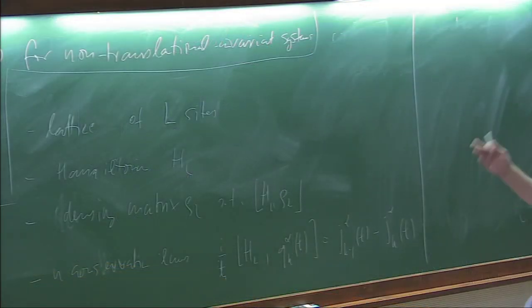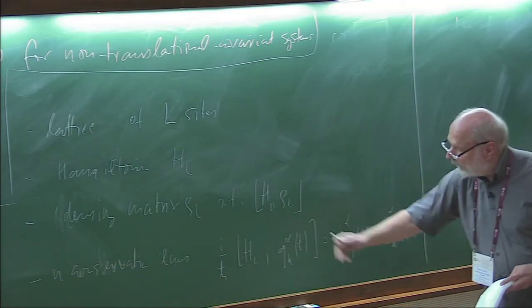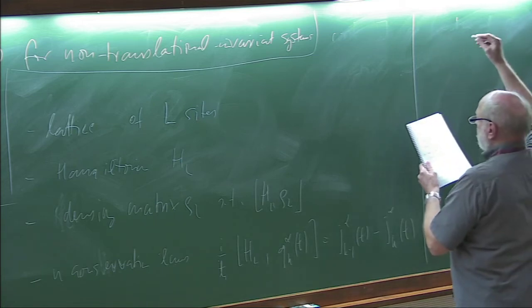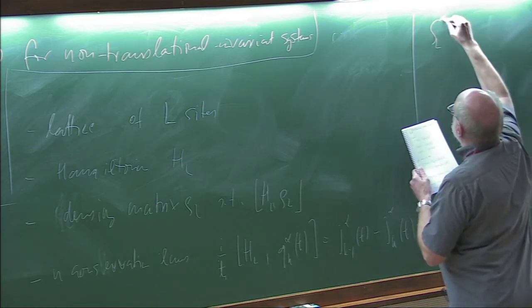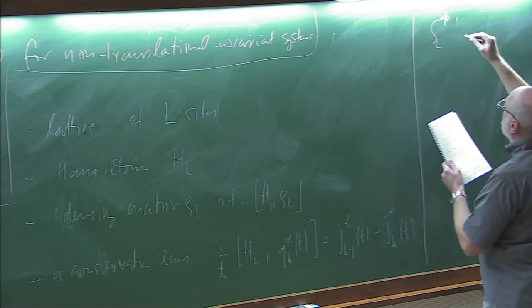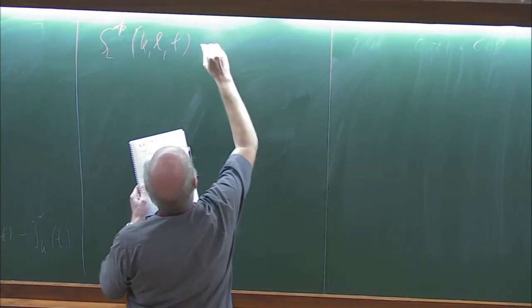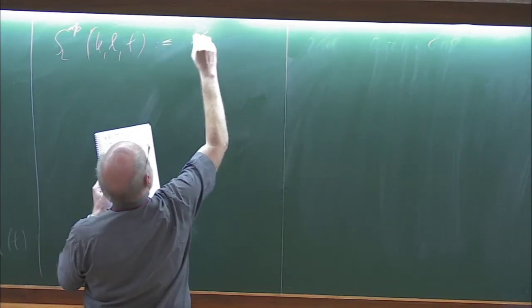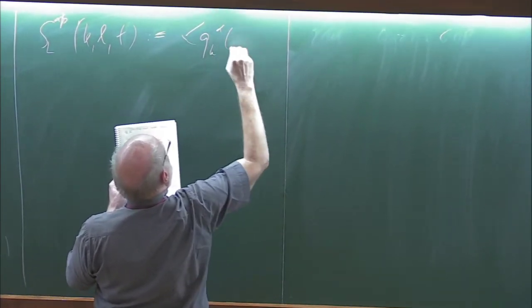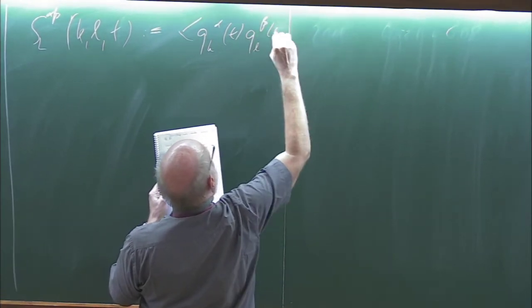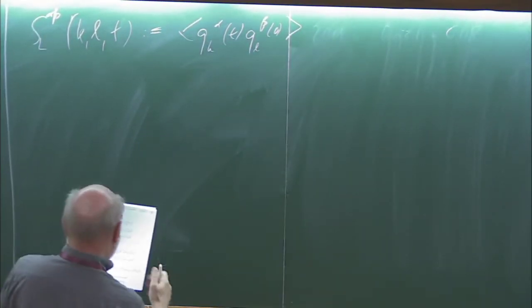And again, the capital Q will denote the sum of all these local charges, and the capital J will denote the sum of all these currents, summed over the lattice. And I consider the following quantities. I consider the dynamic structure function, S_L^{αβ}, a kind of analog, but as I say, it's not translation invariant, so it depends on two coordinates: the expectation of q^α_k(t), q^β_l(0).